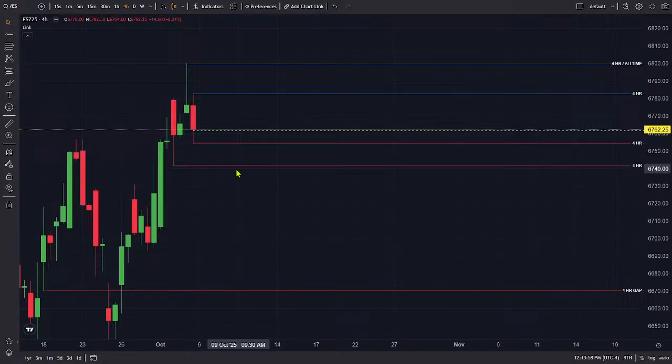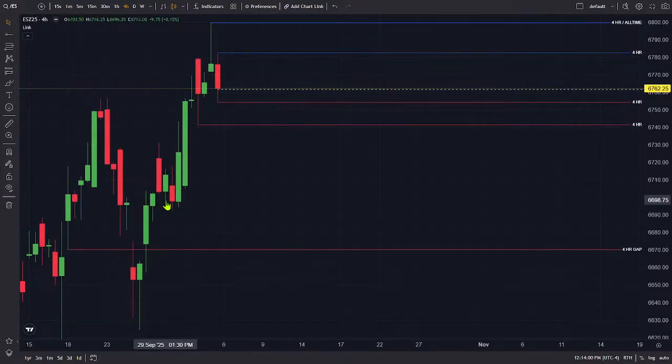Okay, so we have a couple of 4 hours there. This would be similar to that equal lows on NASDAQ. Oh no, let's just clone one.